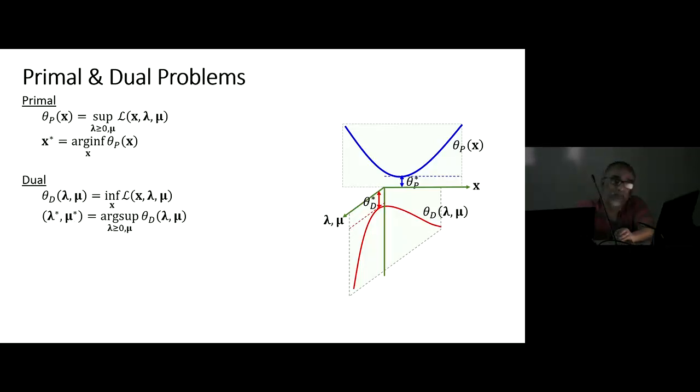Yes, because I'm still not able to digest that. How can I imagine the dual function and the primal function in the context of the objective function? We have the objective function and the constraints, and from those we are developing two more functions, the primal function and the dual function.